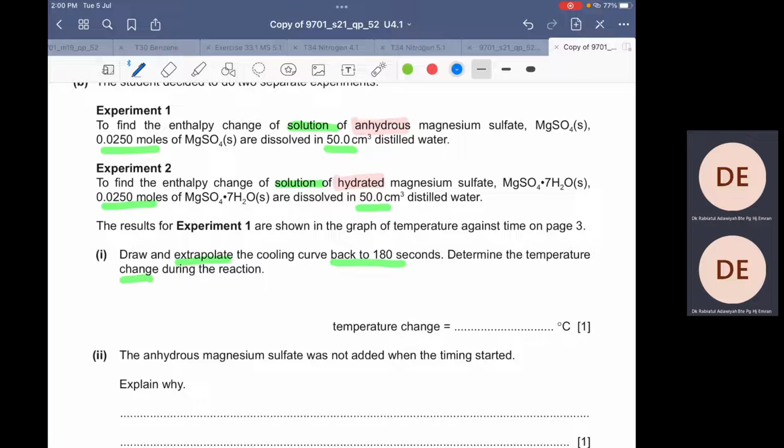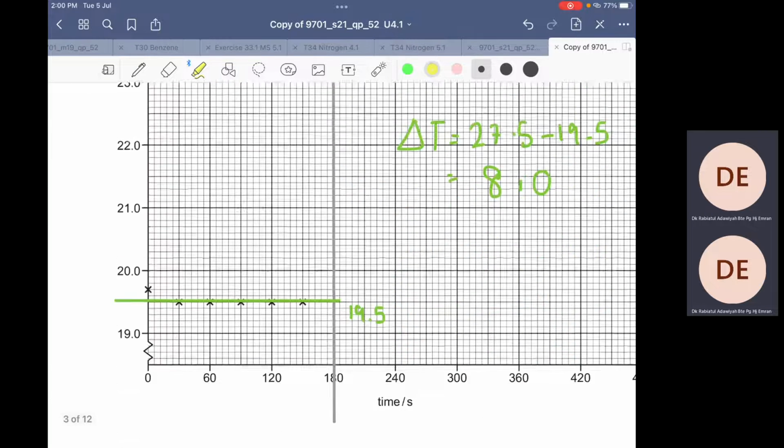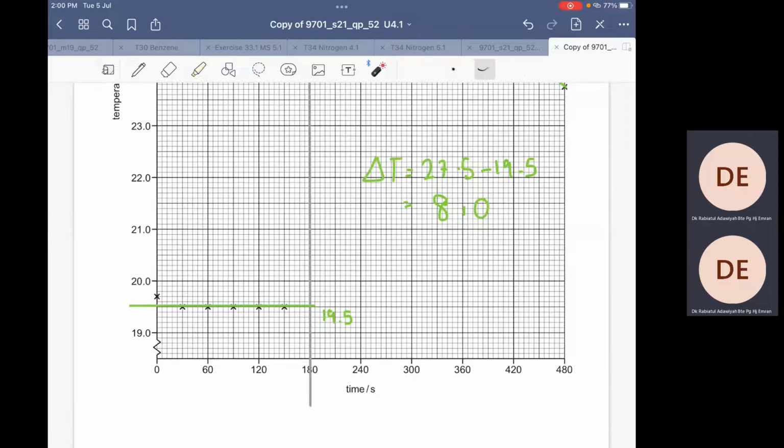Draw and extrapolate the cooling curve. So whenever you get a curve for enthalpy change, you usually draw 2 curves. One is the curve or a straight line before the addition of the reactant. If you haven't already noticed, the reason why the temperatures are constant here is because the reaction hasn't started.